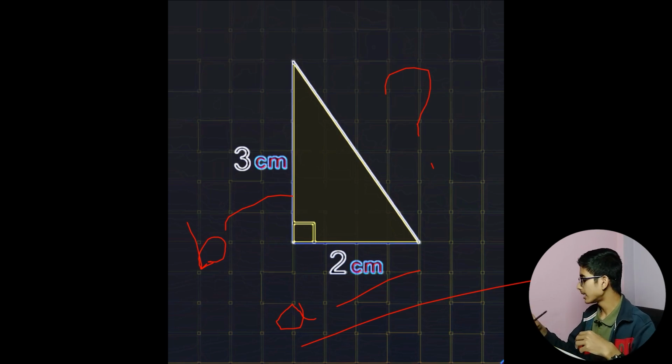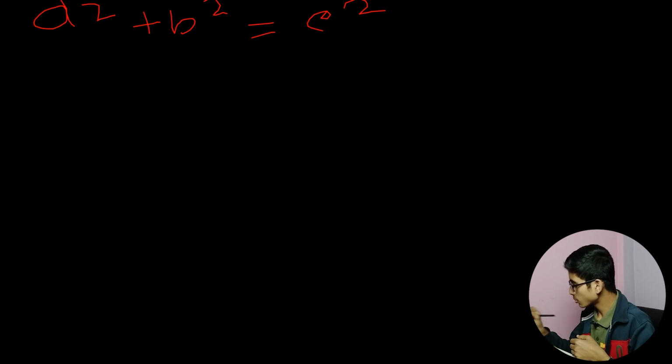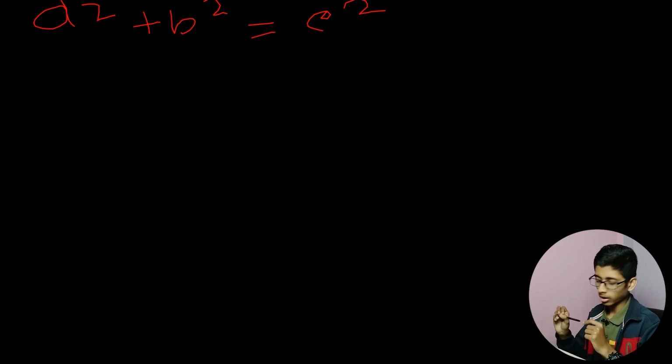And the hypotenuse is always C. Okay. So, according to the Pythagorean theorem, a squared plus b squared is equal to c squared.